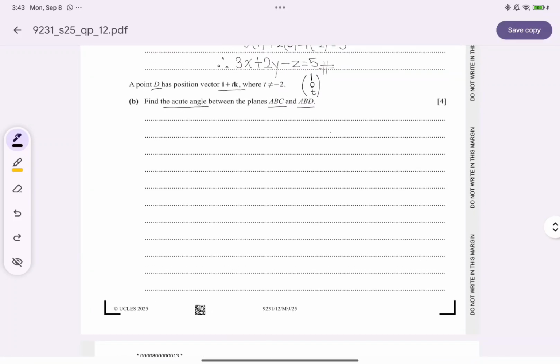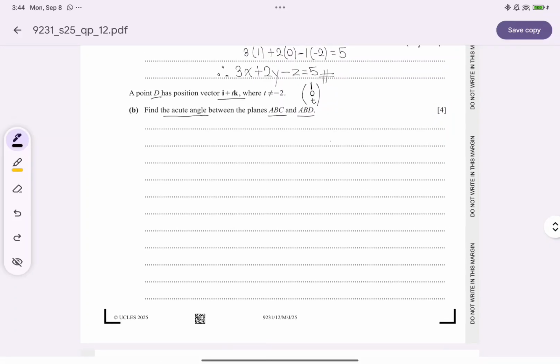In order to find this, let's first draw a representation. So this is, let's say, ABD, and then this is ABC.